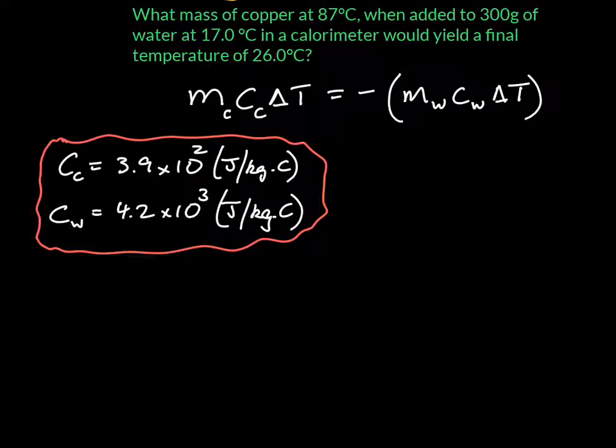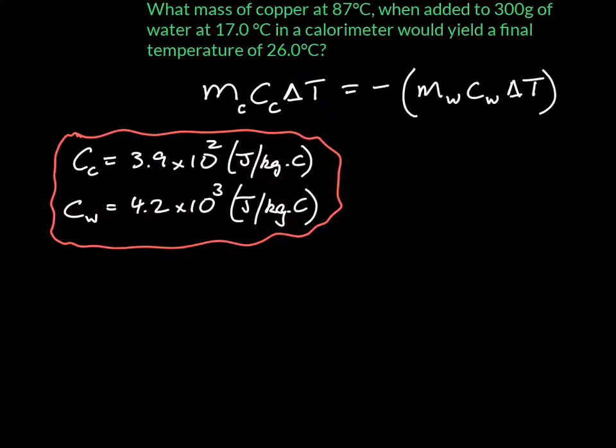So I'm going to ask you folks to make sure that you are aware that when we're mixing two different materials, we look at this equation. We no longer have the simple equation. The one to use is energy gained is equal to the negative of energy lost. You're going to set that up as an equation. You can use the specific heat capacity values of water and copper.